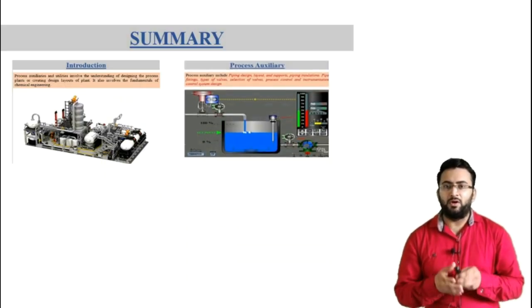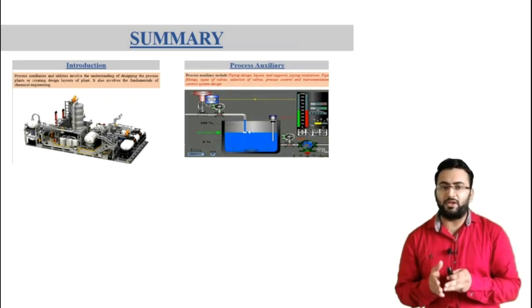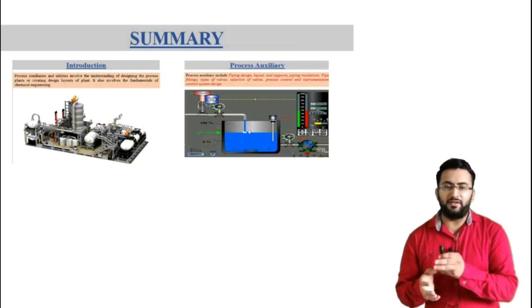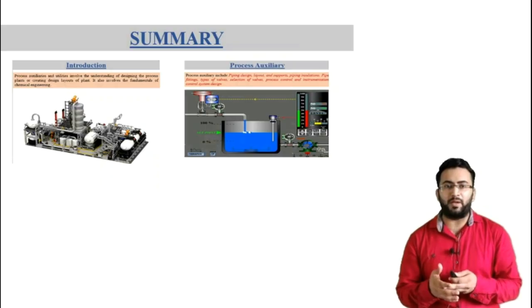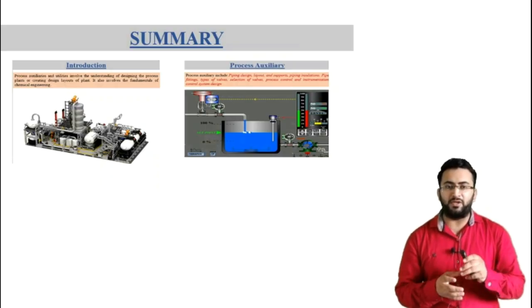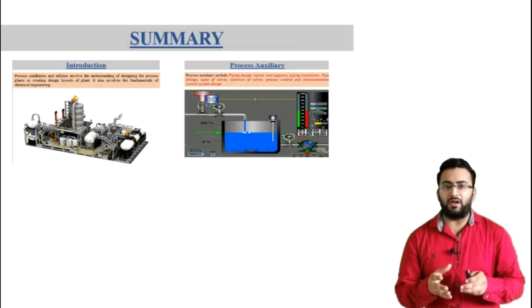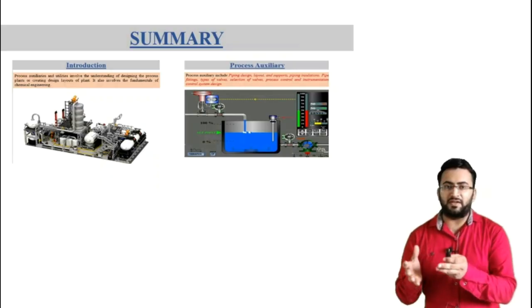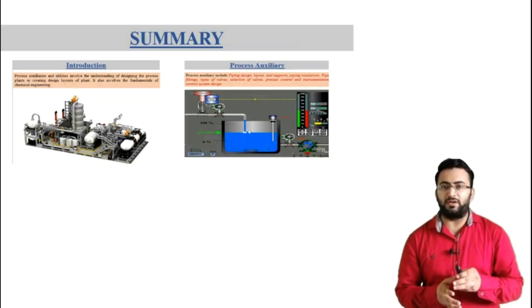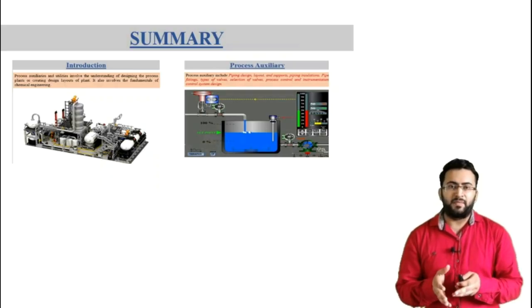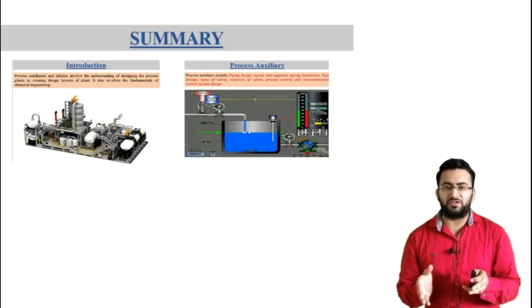Then we talked about the process auxiliary. Process auxiliary includes various equipment which is a basic requirement of chemical plants, such as piping, design of that piping, layout of that piping, supports required for that piping, insulation for that piping, then various pipe fitting materials and equipment used for design of that piping. Then various types of valves and process instrumentation and control system design are also considered in process auxiliary.